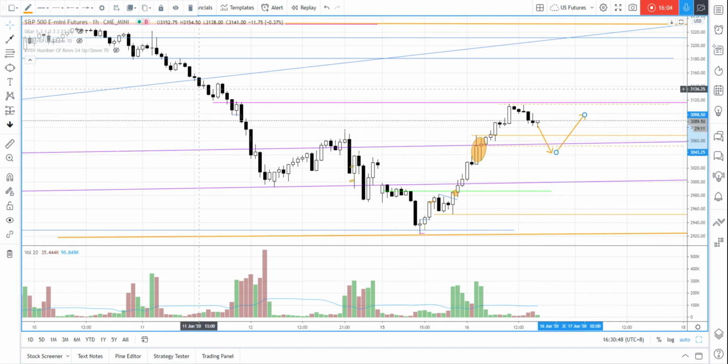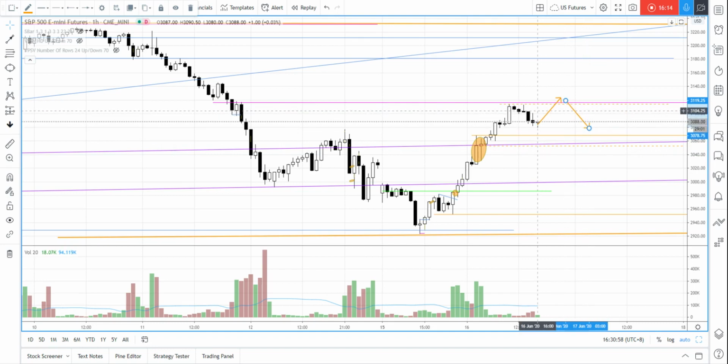Otherwise, if it just goes up a bit here and shows some kind of rejection, then I think we can initiate a short entry, because so far the resistance level that we are looking at definitely is at this swing high level here, 3120.